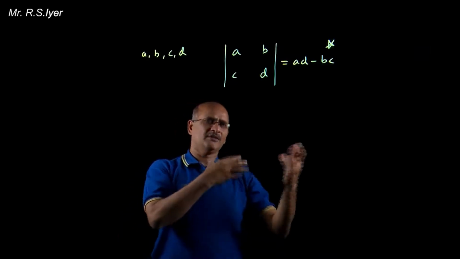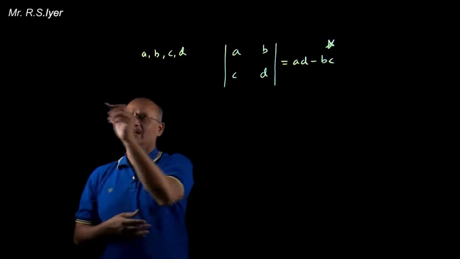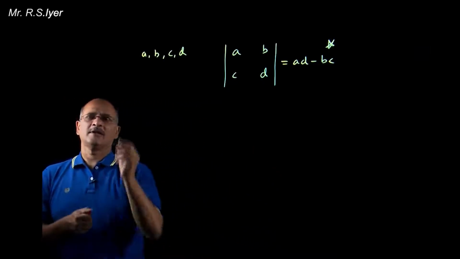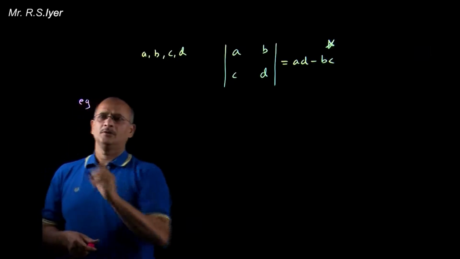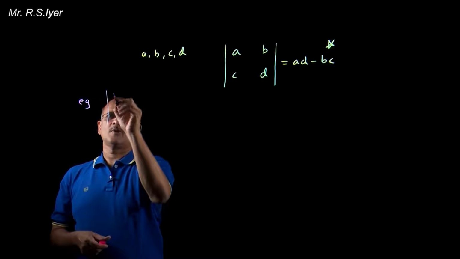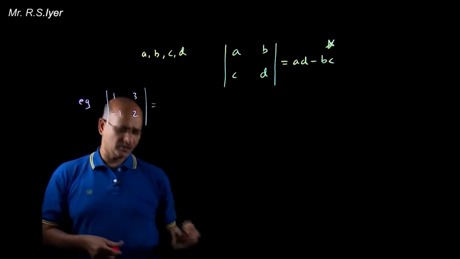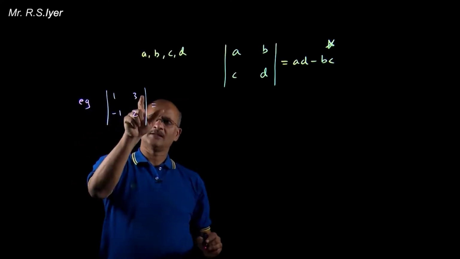So let us take a different example. Suppose it is 1 3 minus 1 2. I want to evaluate the determinant. What is the evaluation here? 2 plus 3.